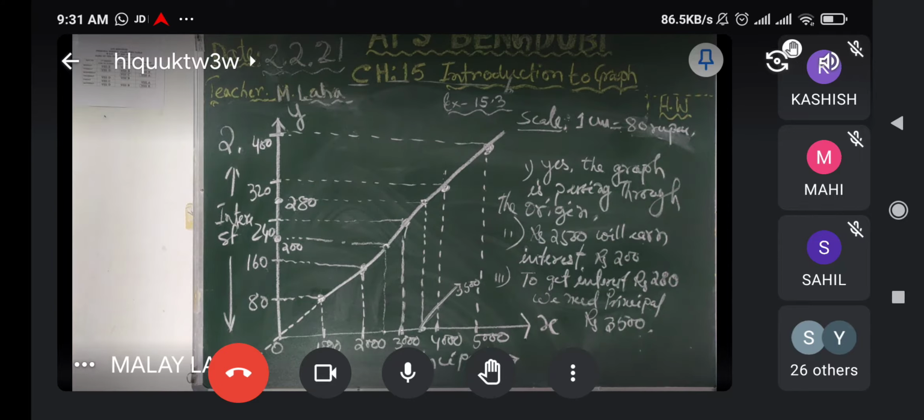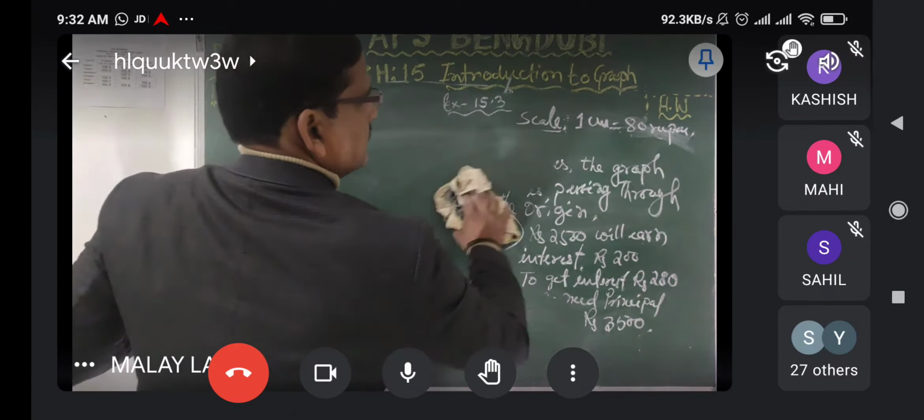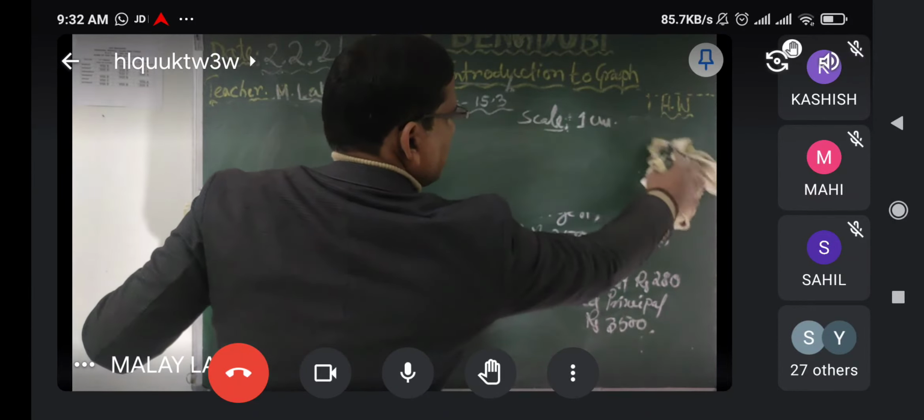Have you drawn your diagram? Yes, sir. Okay. Now the next question is related to area and perimeter of a figure.